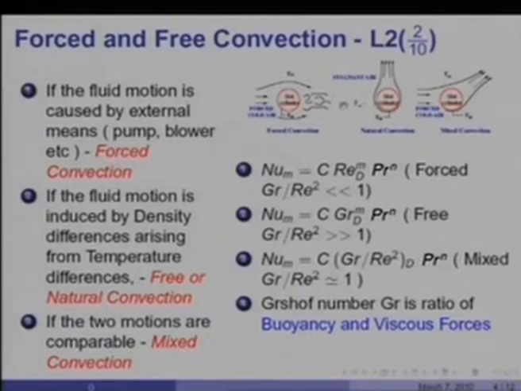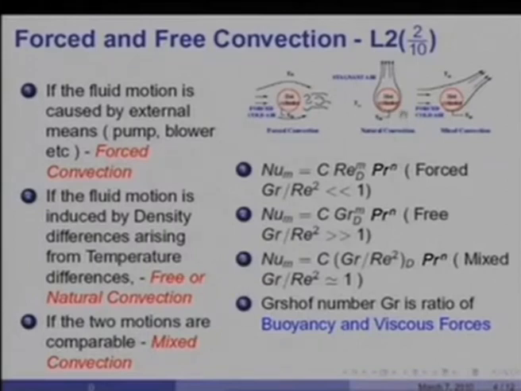So, as a result of the density difference, lighter fluid simply climbs up against the action of gravity, which we call natural convection. In moving past the cylinder in this manner, it picks up heat and transfers it to the ambient. So if the fluid motion is induced by density differences arising from temperature differences, we say the situation is a completely free or natural convection situation.